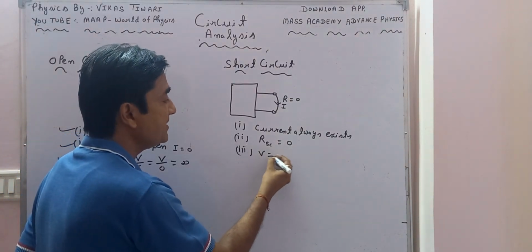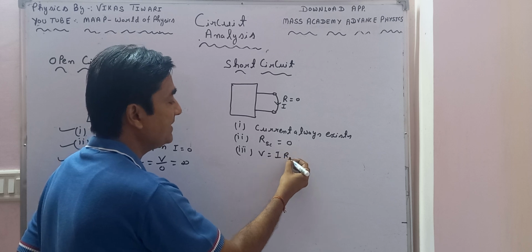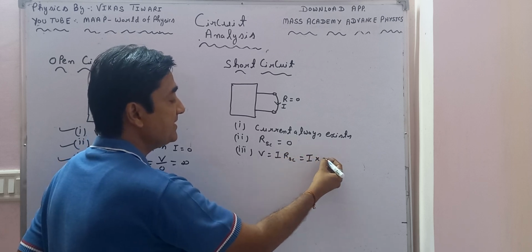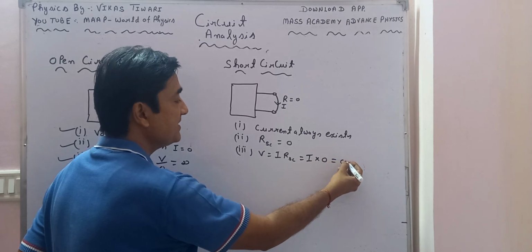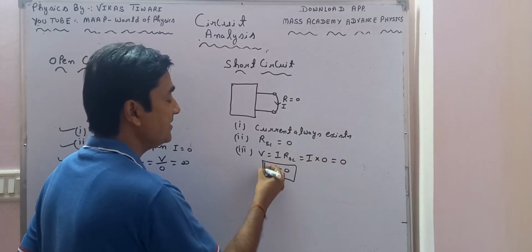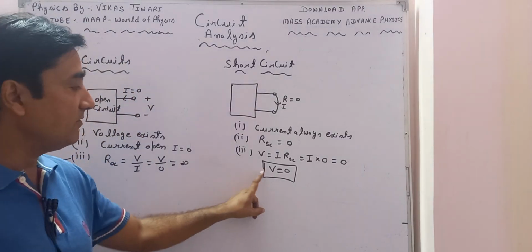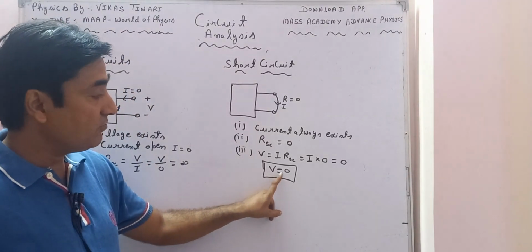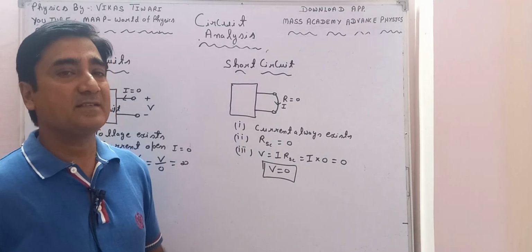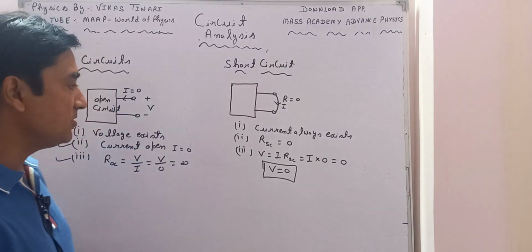V is equal to I into R_SC, no matter what the value of current is. Resistance is equal to 0, so V is 0. So for an ideal short circuit the voltage has 0 value, and we will consider voltage as 0 in our numerical problems also.